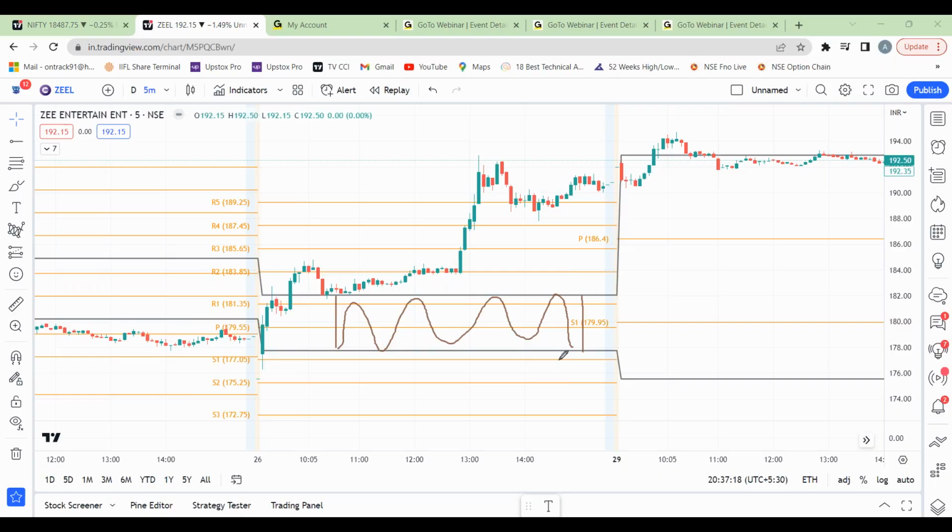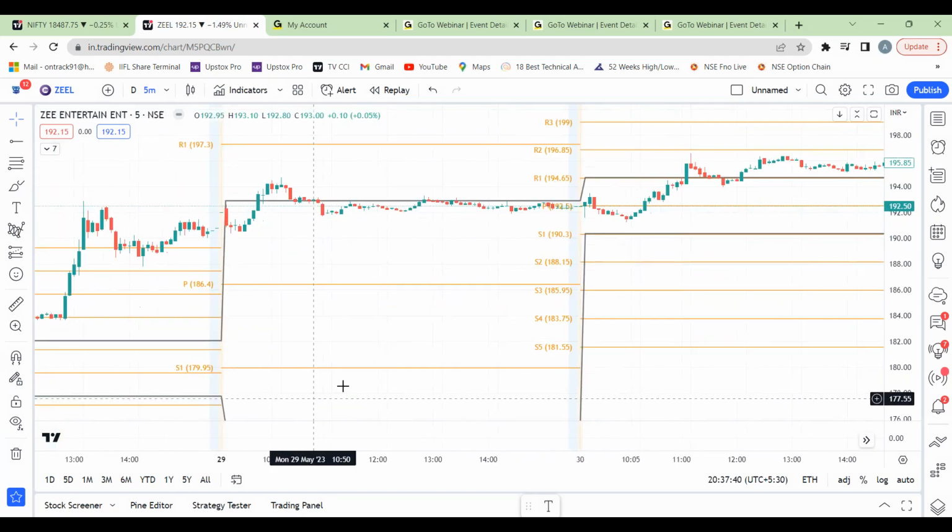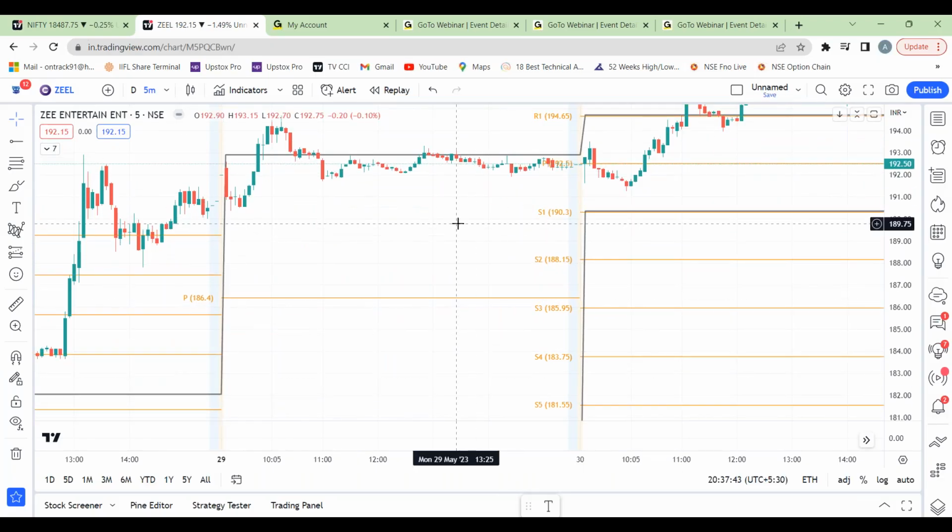Or in general also, we make money when big movement comes. In a very narrow range, there's no fun in trading. Better sit quiet or find some other stock. So this previous day high and low range will act as a range bound area. We just have here for me to show you. You see, just the next day in Zeal, what happened?